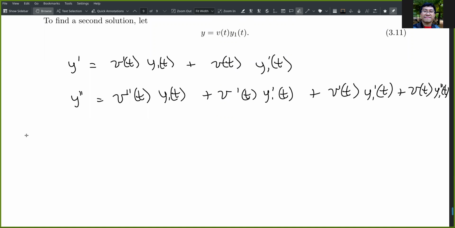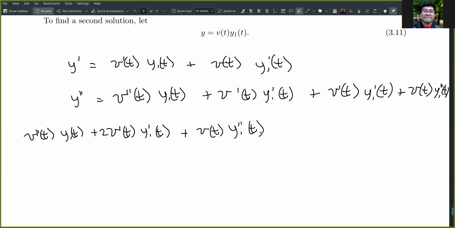So for the first part, you have v double prime t y1 t plus v prime t y1 prime t, which is the same with this next term. So we'll put 2 here, plus v t y1 double prime t.